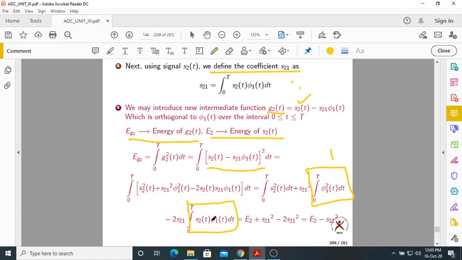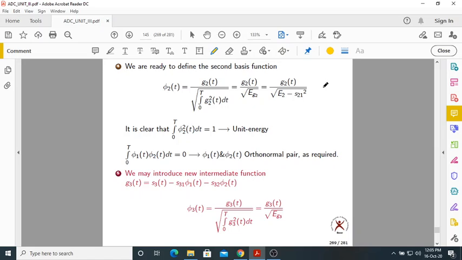It is also S21. So this is E2, plus S21 whole square times 1, minus 2 S21 into S21, which is 2 S21 whole square. So E2 minus S21 whole square. Simply, the energy of g2 of t, that is Eg2, equals E2 minus S21 whole square. Simply you can find it.